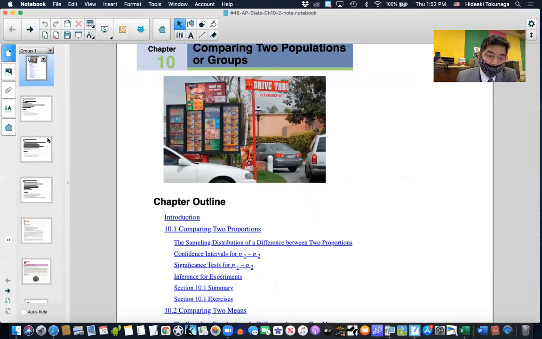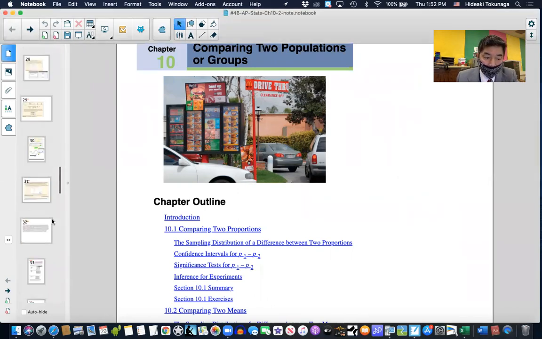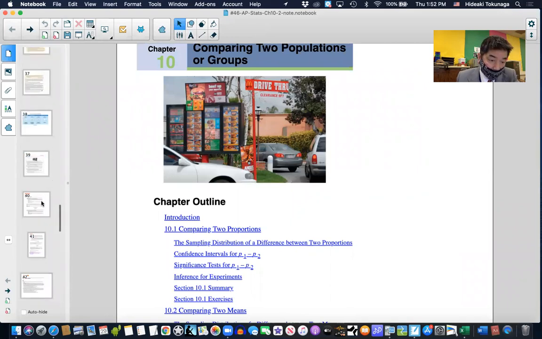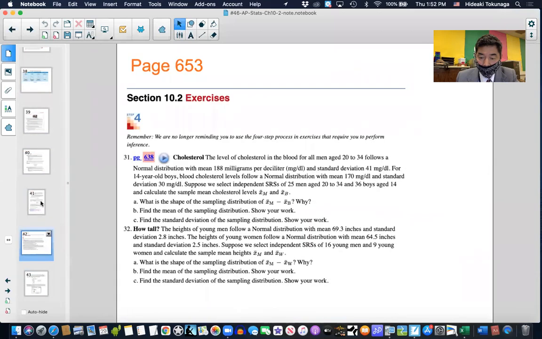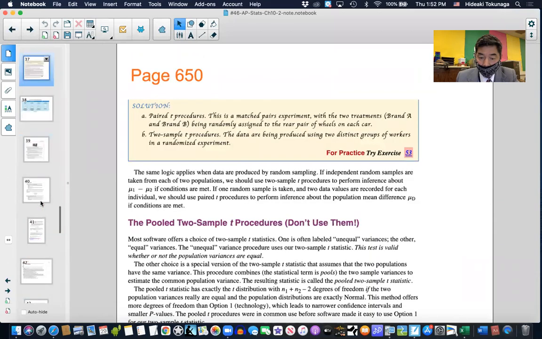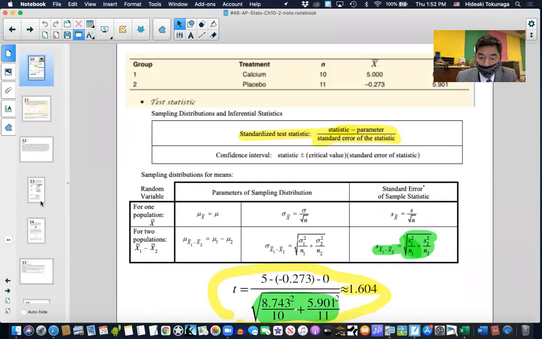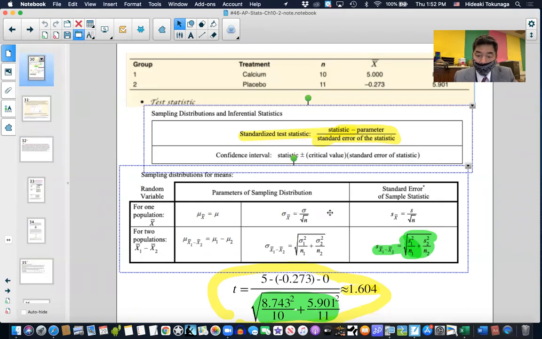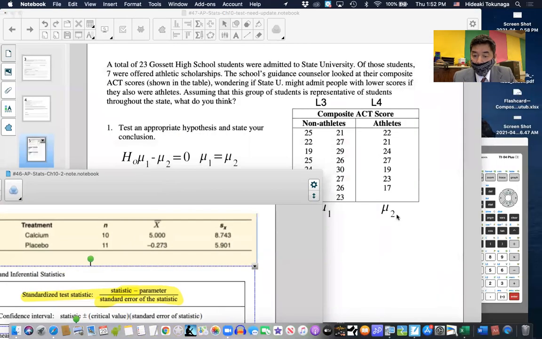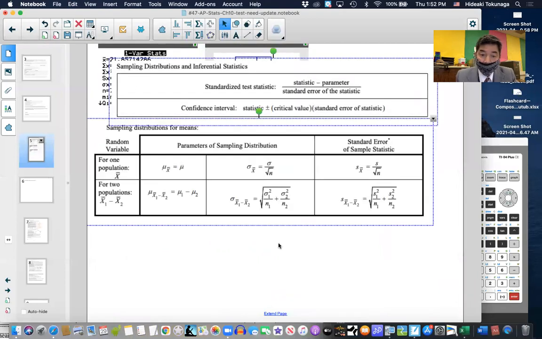We get the AP stats formula sheet, so I will grab this one, and we get the information from here.